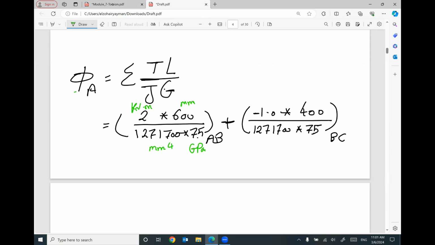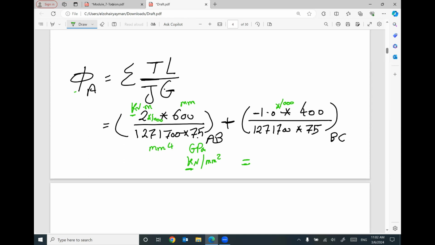By the way, gigapascal is kilonewton per millimeter square. So this one is kilonewton, that's fine. But the others are in newton. So I have to multiply this one by 1,000 to be kilonewton millimeter. I have to multiply this one by 1,000 to be kilonewton millimeter. Then I can find out the angle of rotation.